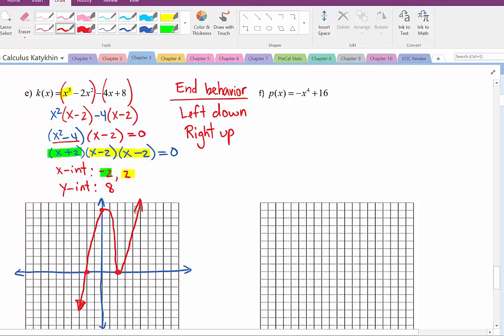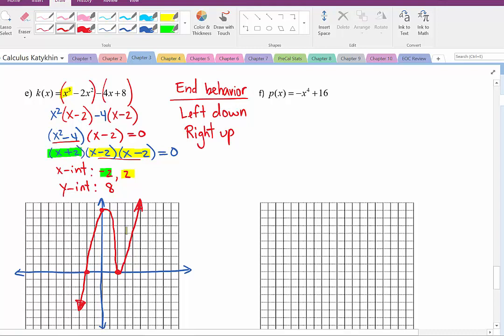This is what we talked about in the previous examples. Because I have an even number of x minus 2's, which gives me positive 2 as the root, it's going to bounce off at positive 2. But since I have an odd number of x plus 2's, which is negative 2 as my root, it's going to go through negative 2. And so that's how I get that function.